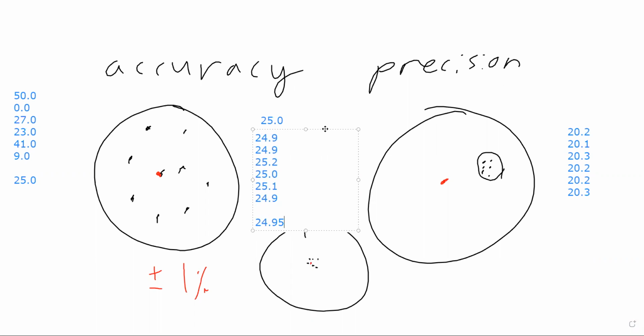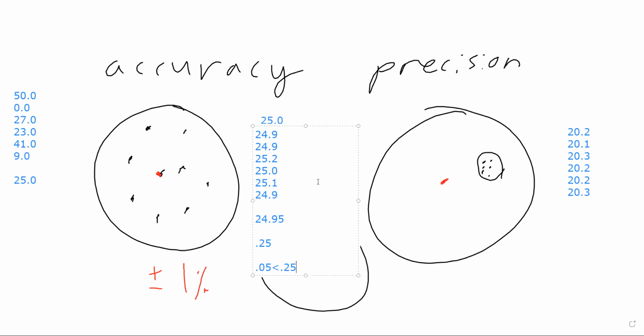I'm not quite sure, I'm doing that in my head. So it's within 1% because 1% of 25 is going to be 0.25. And since 0.05, which is our error, is less than 0.25, that would say that we have an accurate result.